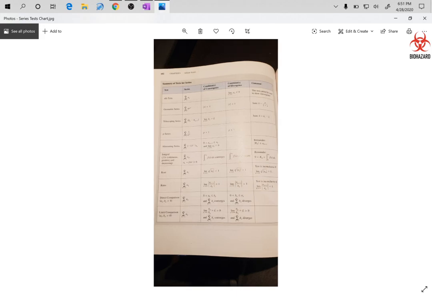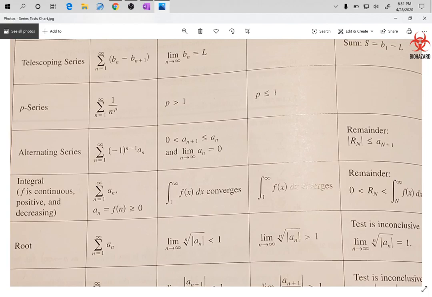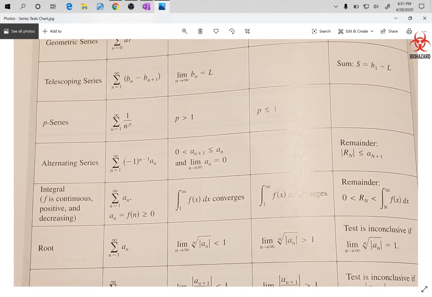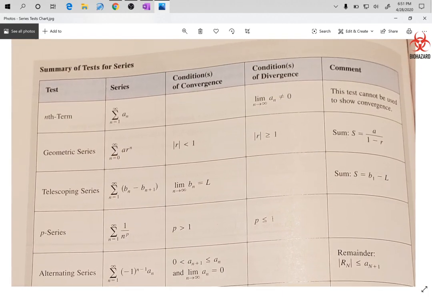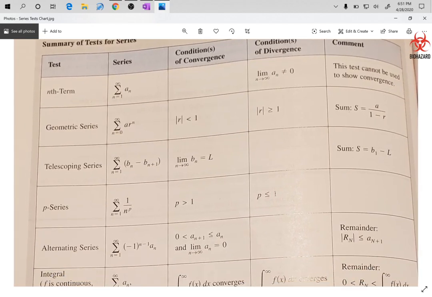Yes. Now can I do this? Perfect. Okay, so it's in Canvas. Go download this file. It's a picture, right? And when you look at this thing, your divergence test is the first.